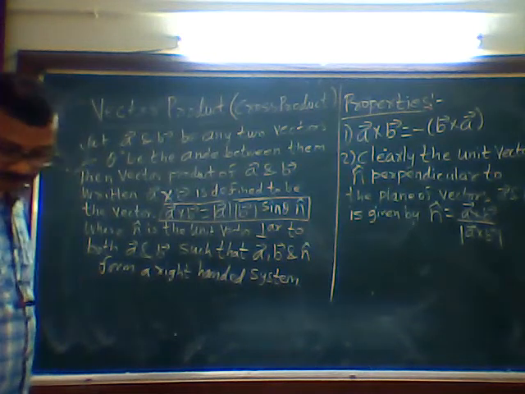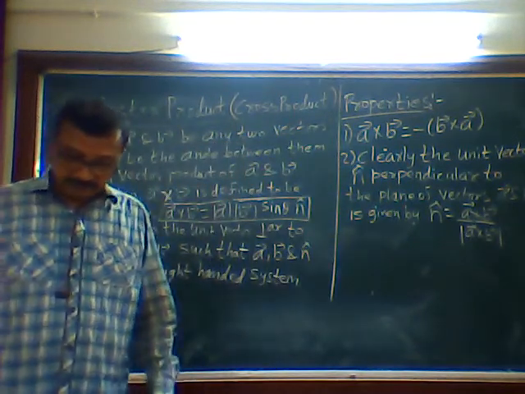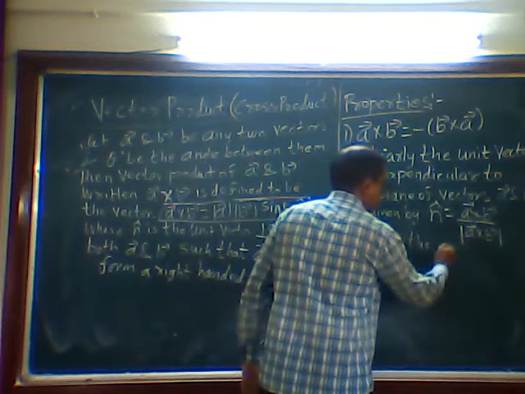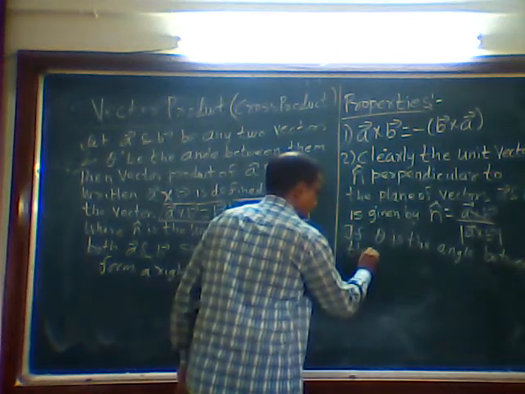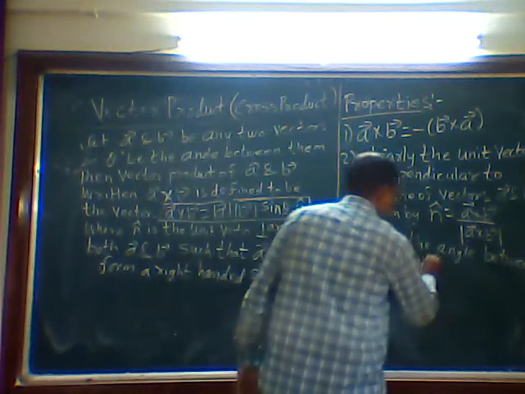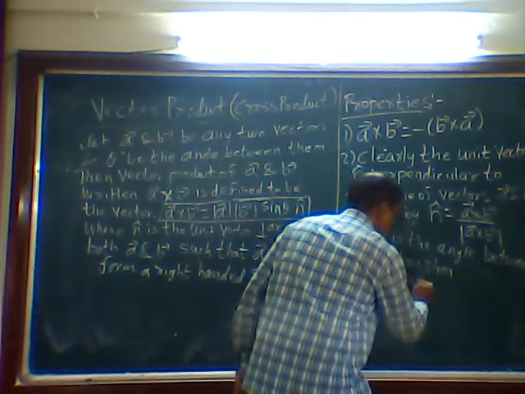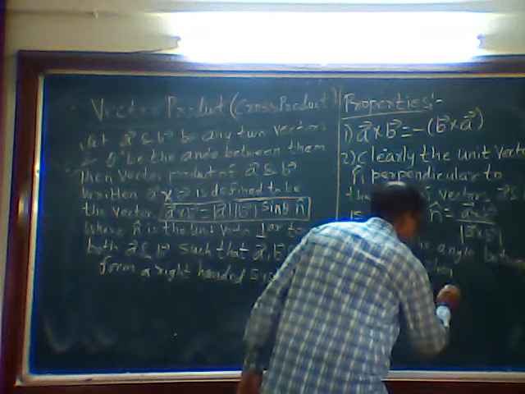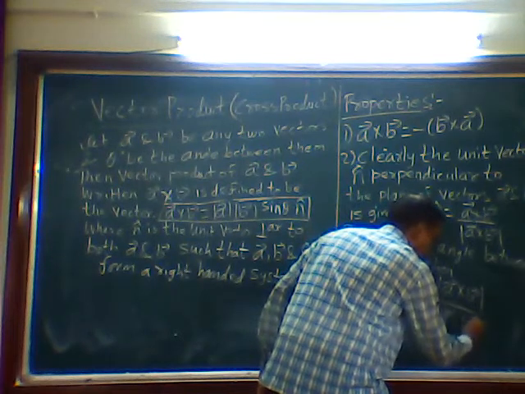Now the third one. If theta is the angle between the vectors, then sin theta is equal to mod a bar cross b bar divided by mod a bar mod b bar.